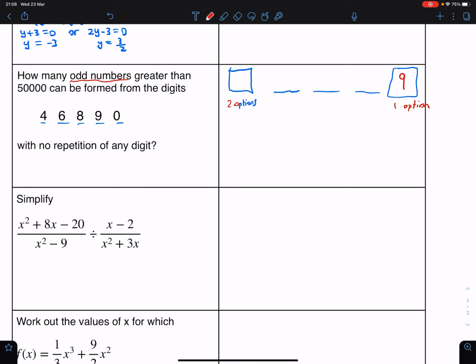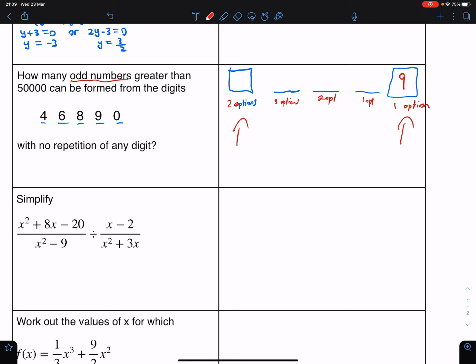And then in the next bits, I've got three options. And then two options. And then one option. So three options because we had three numbers remaining after we pick one of the options that can go here, and we pick one of the options that can go here, i.e. the only option.